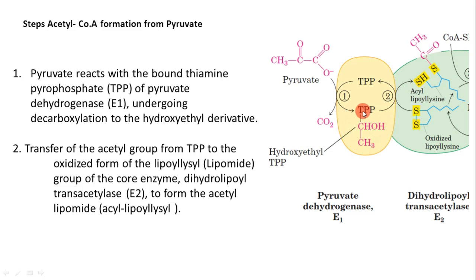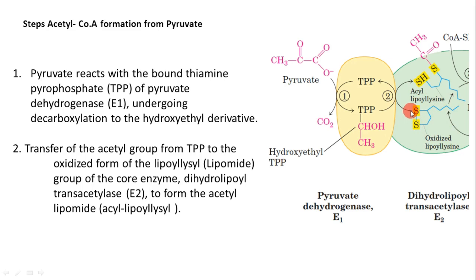From thiamine pyrophosphate, an acetyl group is transferred into another compound, namely lipomide. This is the lipomide. It is a part of enzyme 2. It's a cofactor for enzyme 2.